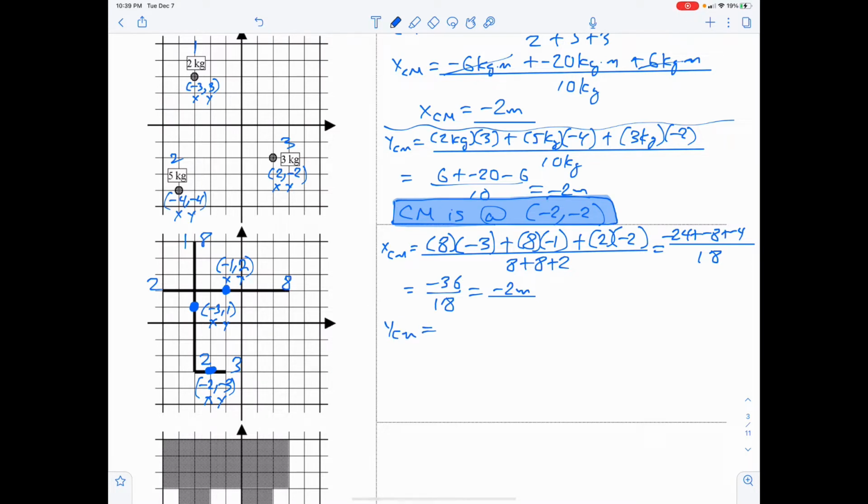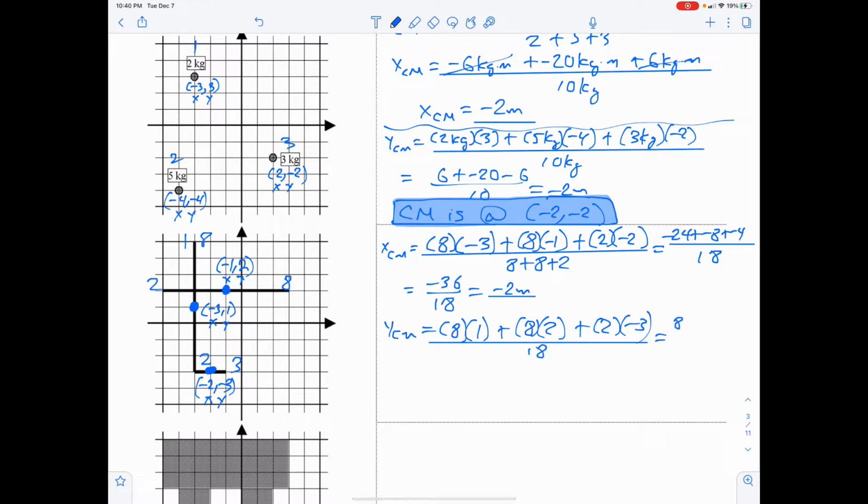For the y, we're going to do the exact same thing. We have 8 mass units times positive 1 for the first one, plus 8 mass units times 2, plus 2 mass units times negative 3. All that's divided by your 8 plus 8 plus 2, or 18 mass units.